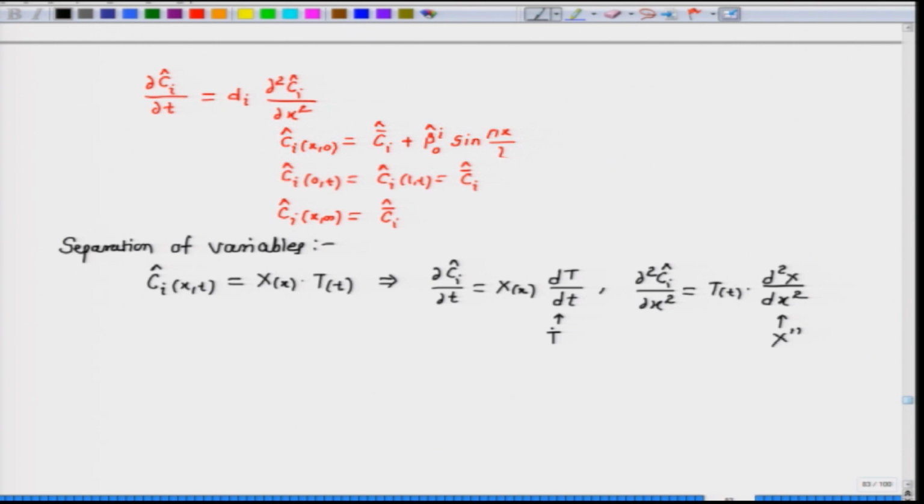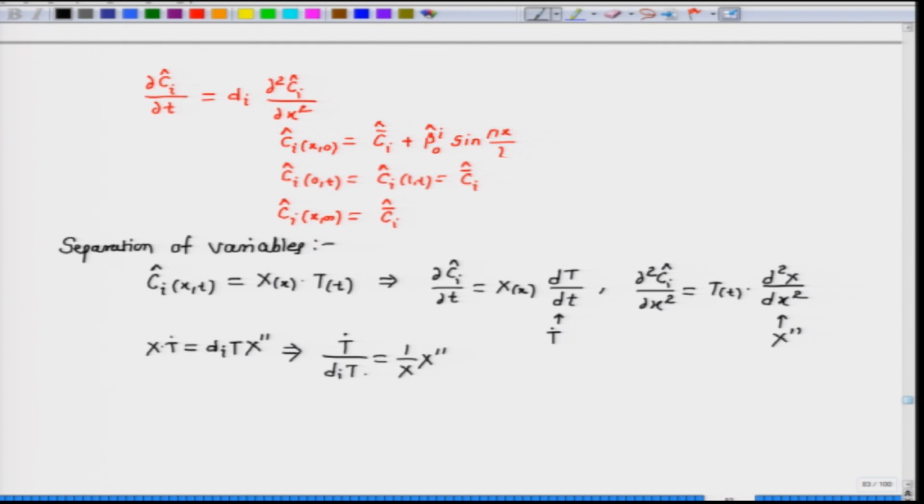If we substitute this in the diffusion equation, we see X times T dot equals di times T times X double prime, and if we rearrange we get T dot over di T should be equal to 1 over X times X double prime. Now this is interesting, because the left hand side of this equation is a function only of t, and the right side is a function only of x.